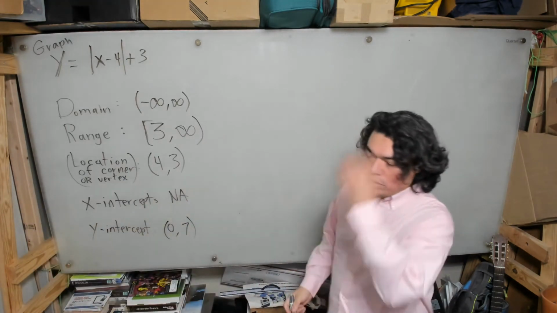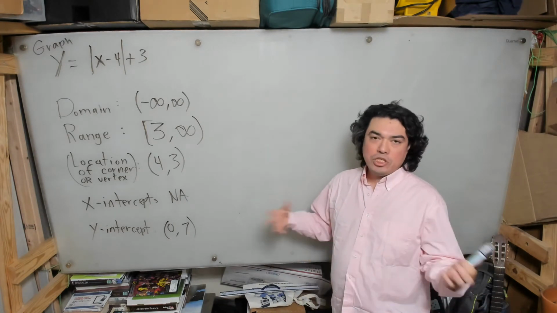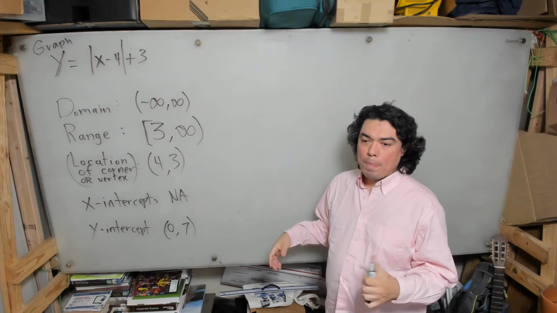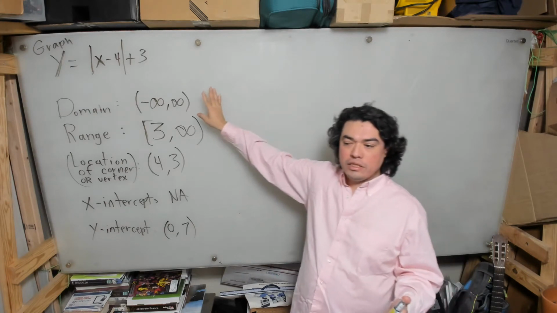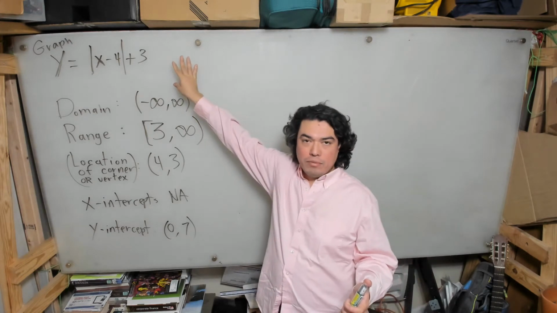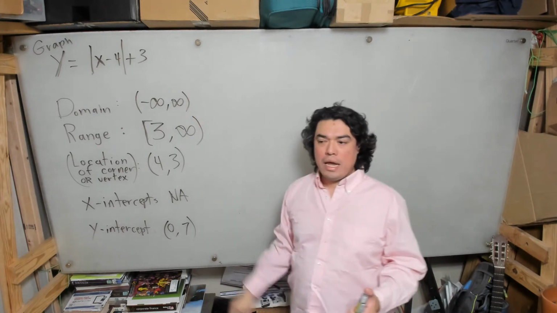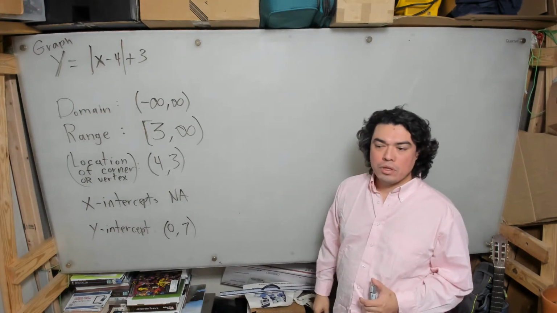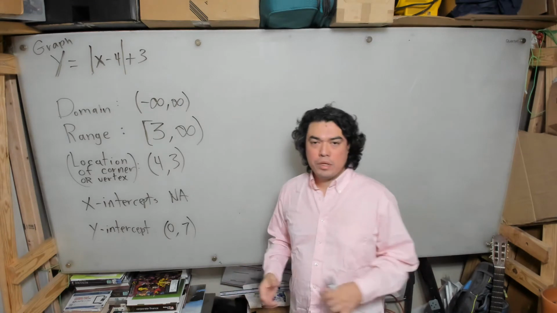So let me also point out something else. As I mentioned before, when we were talking about the domain, this is the domain when we look at this absolute value equation as an equation in general, okay? And the graph that I'm about to do is more or less like the textbook graph that you would do, okay?